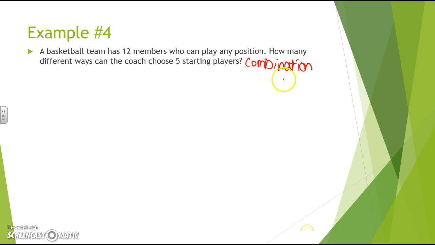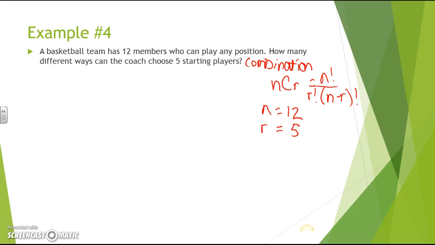The formula for a combination is nCr equals n factorial over r factorial times (n minus r) factorial. My n here is going to equal my 12 members, and order doesn't matter, so my r is going to be my 5 starting players.